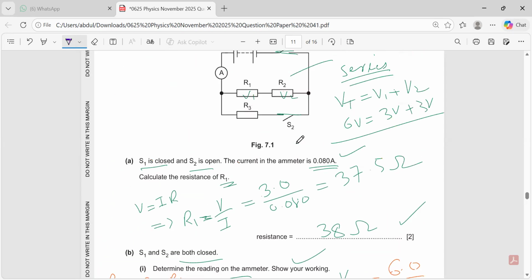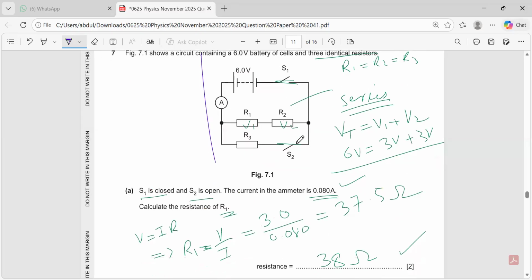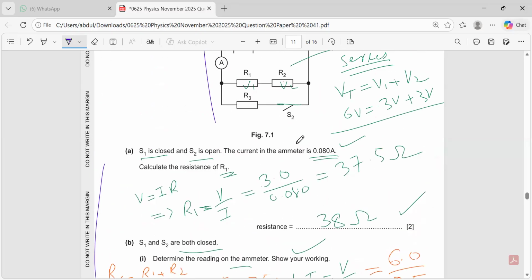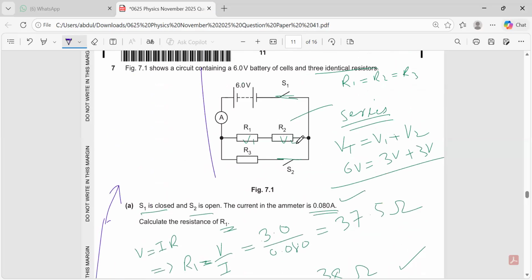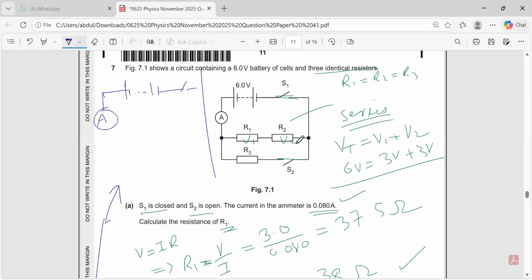You know, when will we be able to calculate this resistance? So this is because here I'm calculating it. When the resistance in series is calculated, you know what is the shape of the diagram? Positive, negative, then positive, negative. S1 and here the ammeter over here.